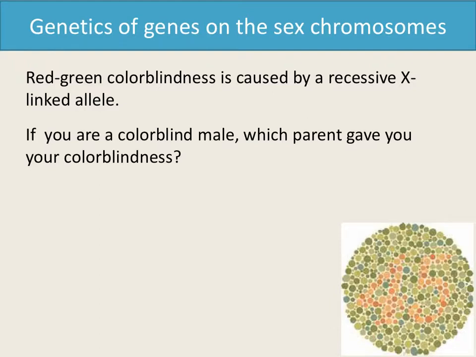Now there are some genes on the Y chromosome that only males have. And you could have a mutation in one of those and it would only affect males, and there'd be no such thing as a female carrier in that.